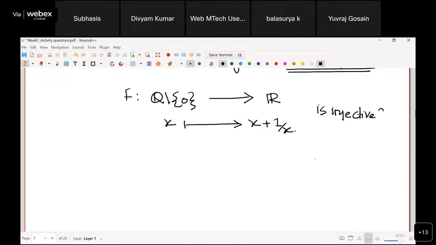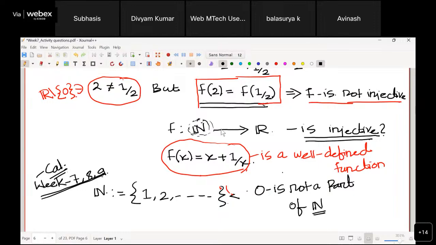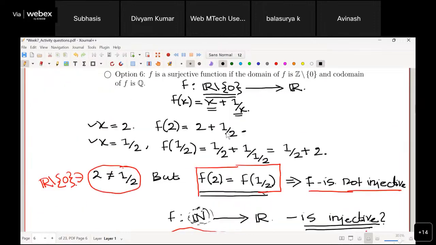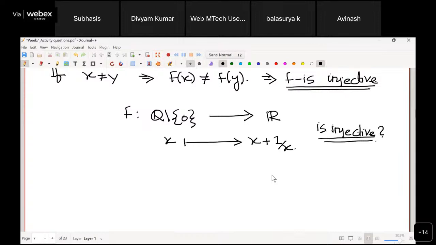You can take the value x equal to 2 and x equal to 1 by 2. Correct. Whatever argument we gave in case of R to show that this function is not injective, I can give the same argument.